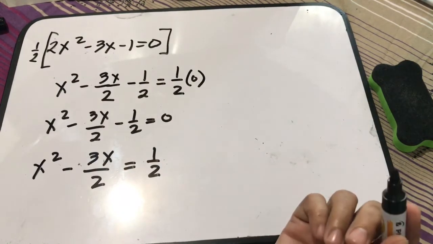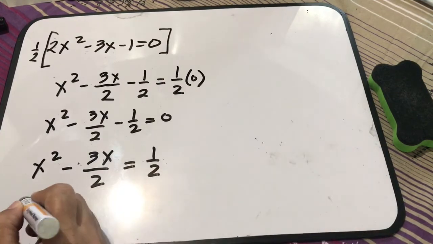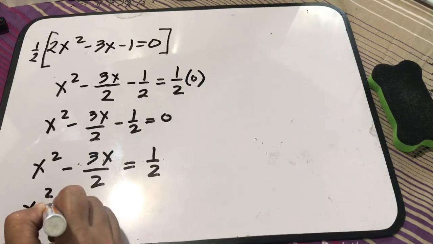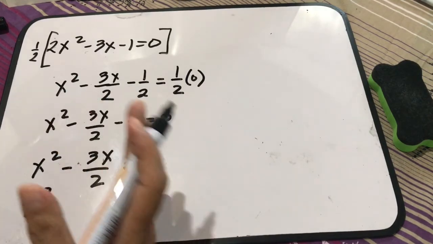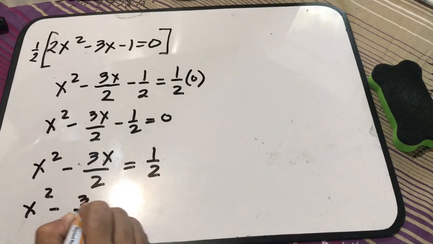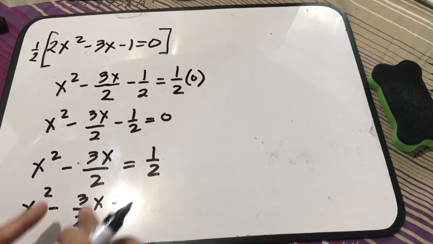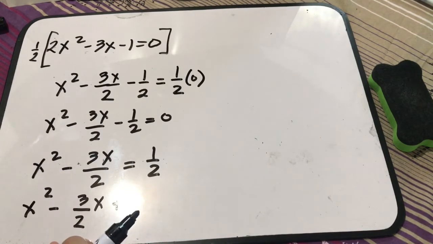Then, again, proceed by completing the square. So this is x squared minus 3x over 2 plus... Now, how do we complete the square? Look at the middle term, the coefficient of x, which is 3 over 2. So, what do we do with 3 over 2?